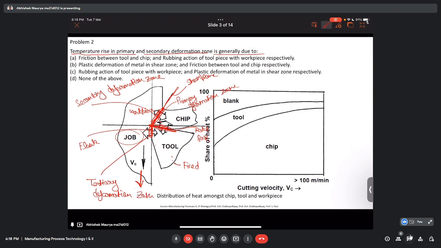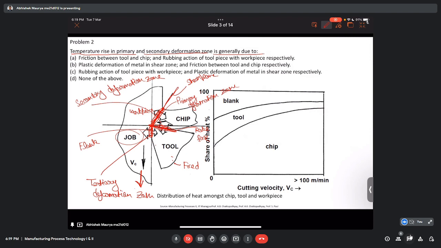Here in this case also we have identified all the zones, but I have shown some arrows, of which you can find one arrow has a bigger size and one arrow has a smaller size.